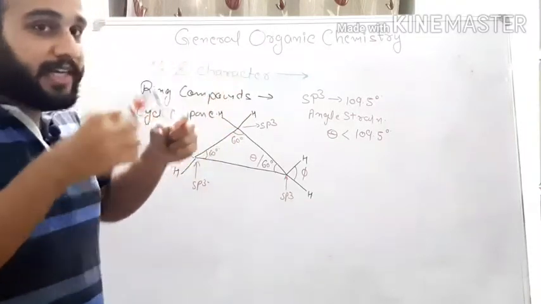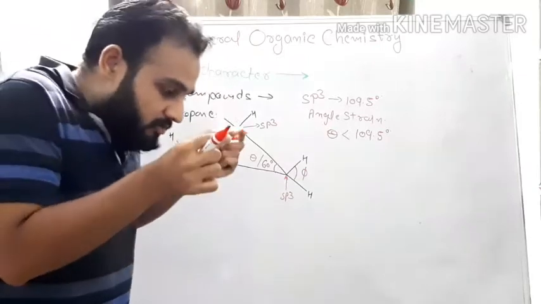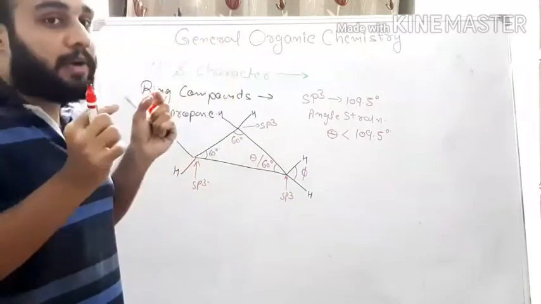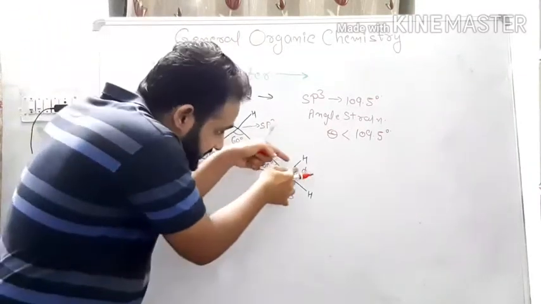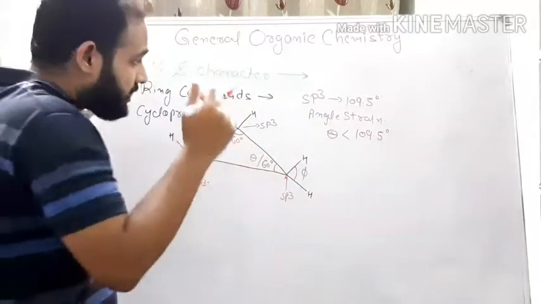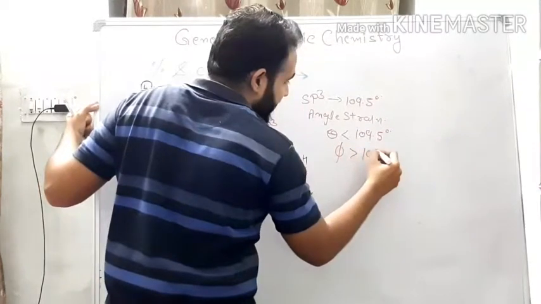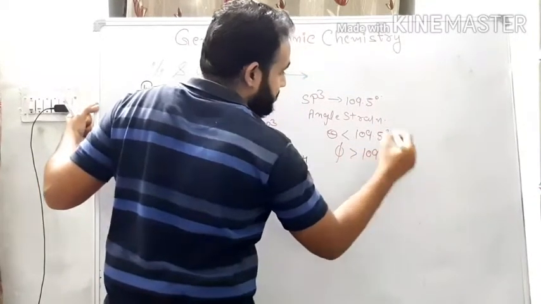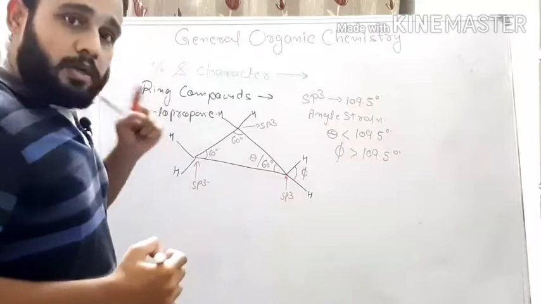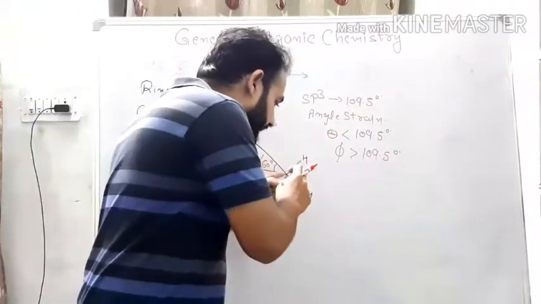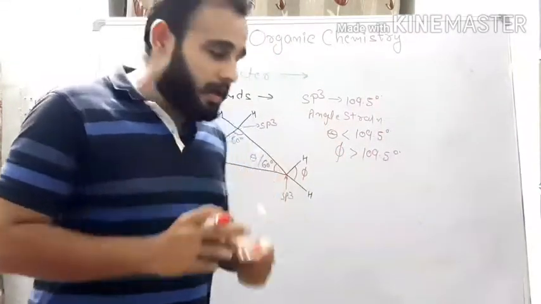As you observe in tetrahedral geometry, when one angle is decreased, the other one is expanded. So if theta decreases, phi will expand, and phi will be greater than 109.5 degrees. So, understood friends, why angle deviation is present?